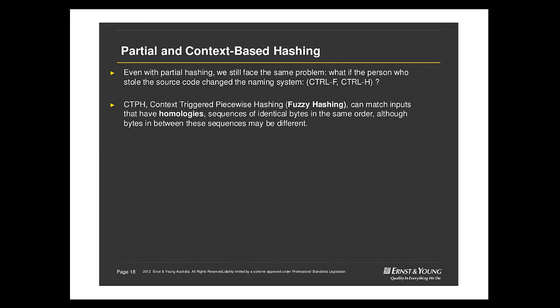So fortunately, there are some partial solutions. The technique we are going to talk about is called context-triggered piecewise hashing, CTPH, also called fuzzy hashing. And despite being similar, it's not exactly a hashing function. What a CTPH hash will find is what is called a homology. It means a set of strings with matching characters between them that may or may not have different byte sequences between them.